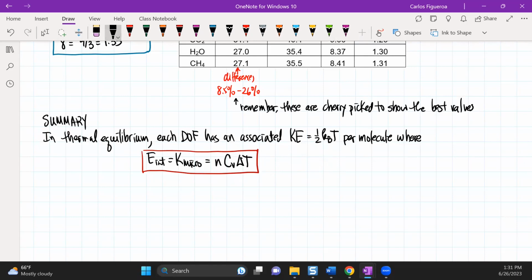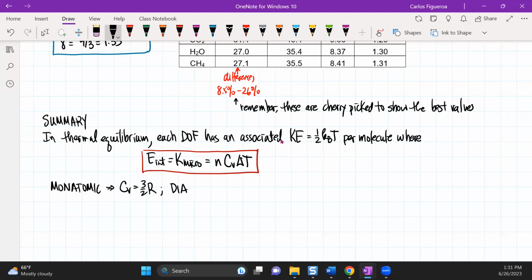So here we go. If I have monatomic, that tells us that CV is 3/2 R because we only deal with translational.